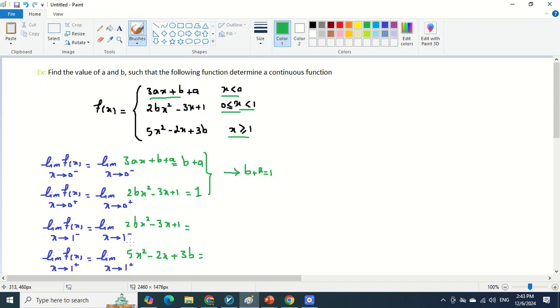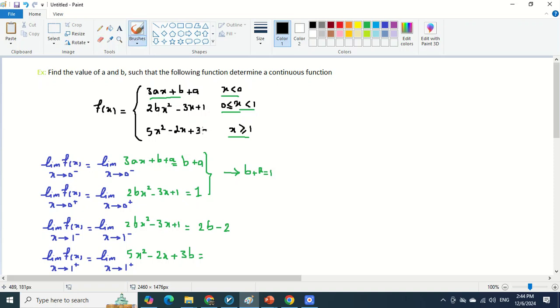So at the second condition, you should substitute x by 1. If I substitute it, then I have 2b minus 3 plus 1, which is 2b minus 2. And at the last one, if I just put 1, let me change again this value of b to a, to have some a as well in that equation at the end.